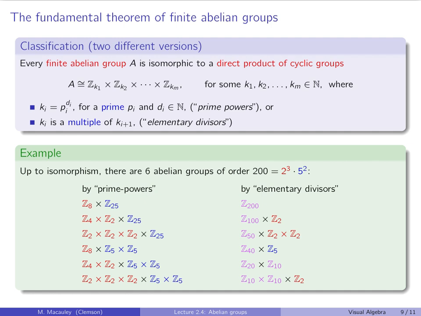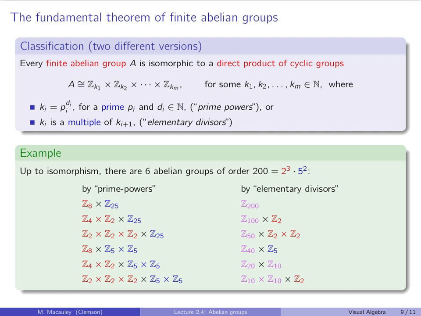I'm going to look at the groups of order 200, which factors as 2 cubed times 5 squared. So there are 6 abelian groups of this order, and I find it easier to write down all of them with this prime power method. Let me show you why, because we just deal with the primes separately.